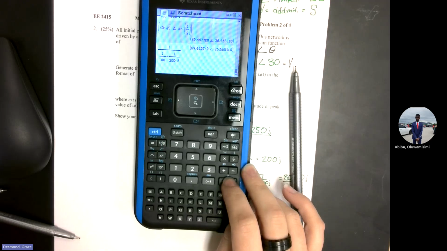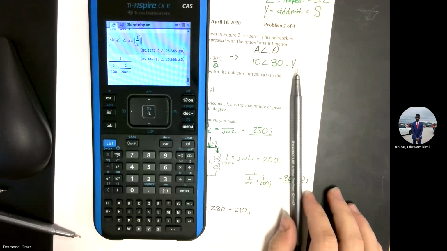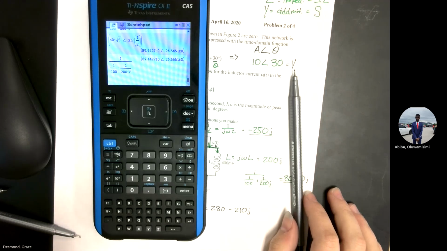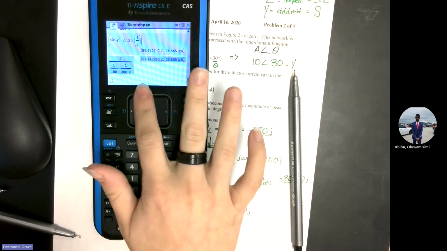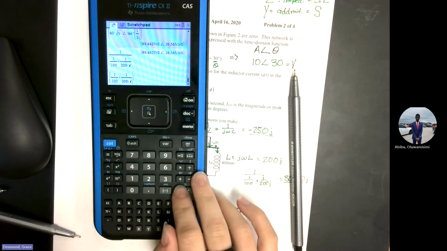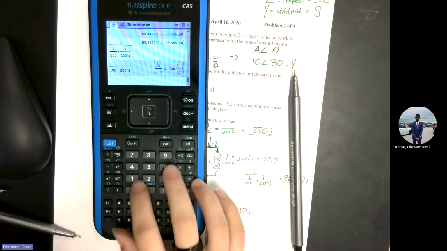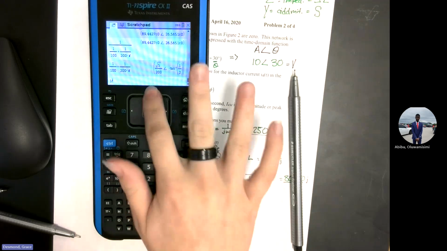Why did you get a different number? Instead of dividing by one, you just took the inverse of it. It's the same thing, but it gave a different answer.